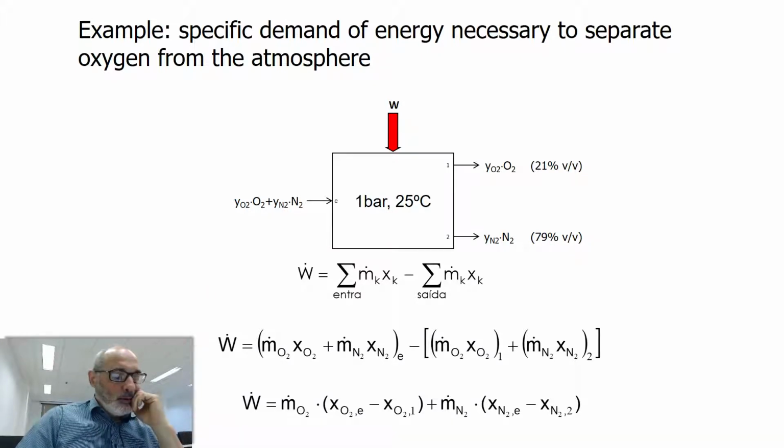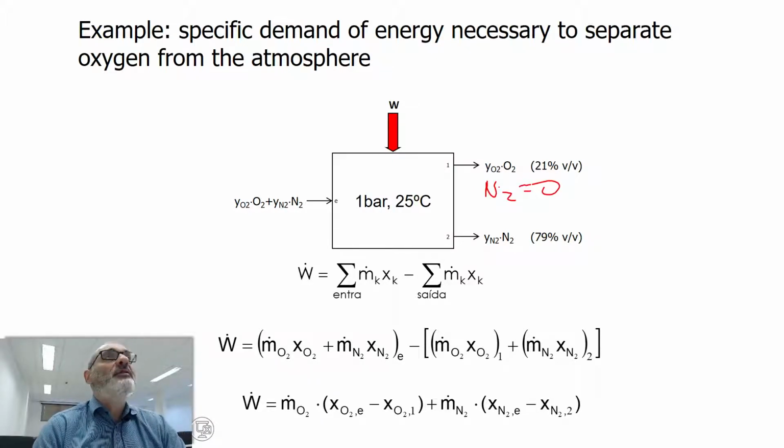And what we want is, let's say, the mixture here, so N2 here is going to be 0. The concentration of N2 on exit 1 is 0, and the concentration of O2 at exit 2 is 0, okay? Just to define the nomenclature.